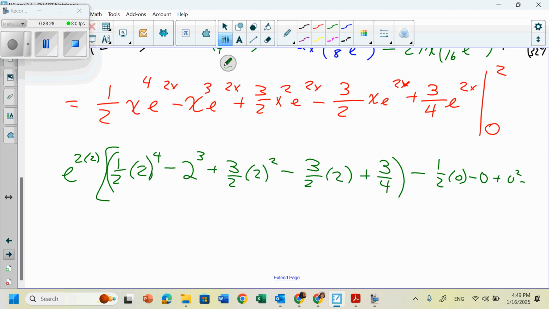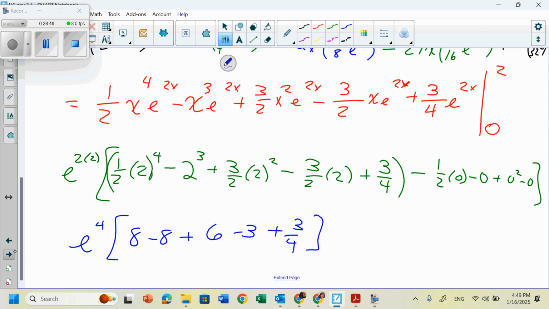Now that is 8 minus 8 plus 6. That 2 cancels out, and this is minus 3 plus 3/4. That's actually less than I thought. Those cancel out, 6 minus 3, so it becomes 3 plus 3/4, e to the fourth.